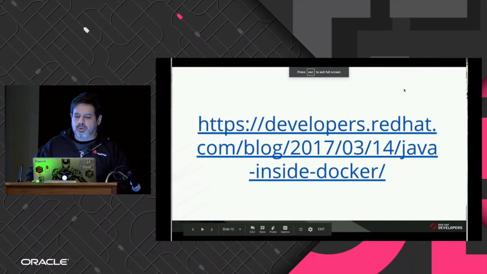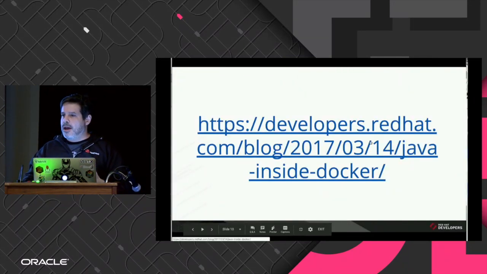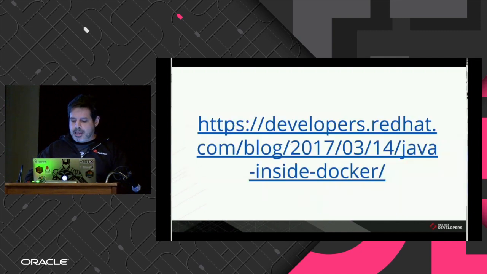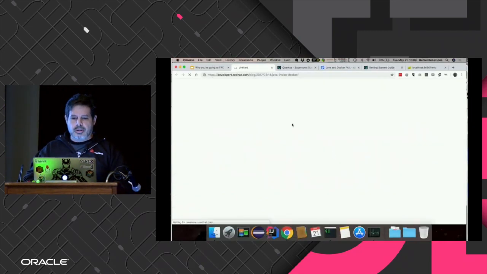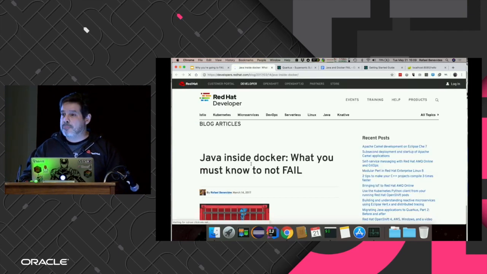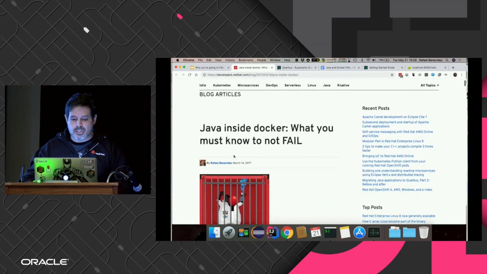Let's return to the possible issues that can happen with Docker inside Java. Java inside Docker, in fact. This is based on this blog post here, this talk that I wrote in 2017. And believe me, certain problems still exist.